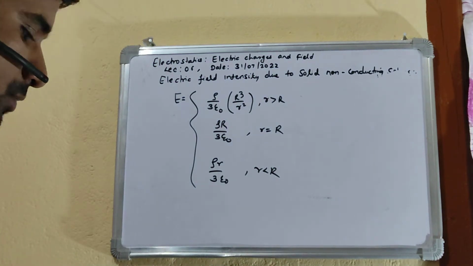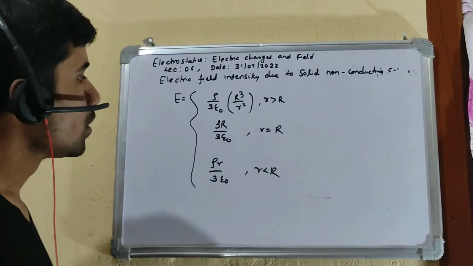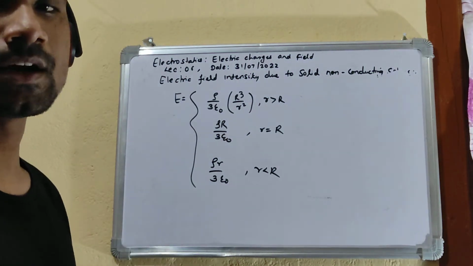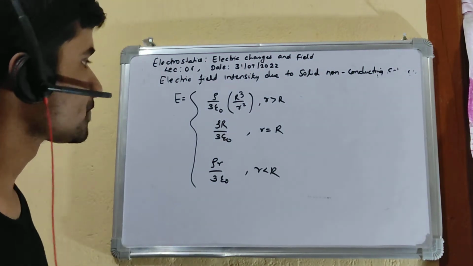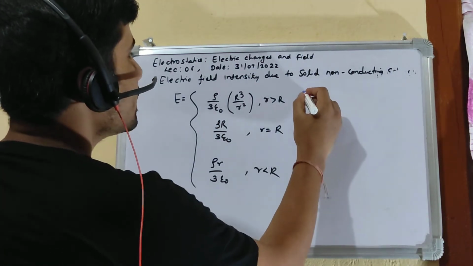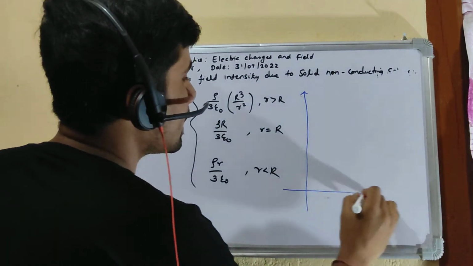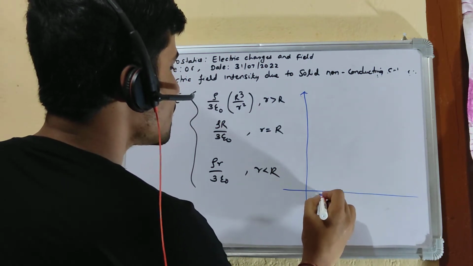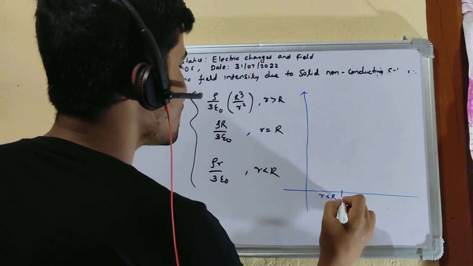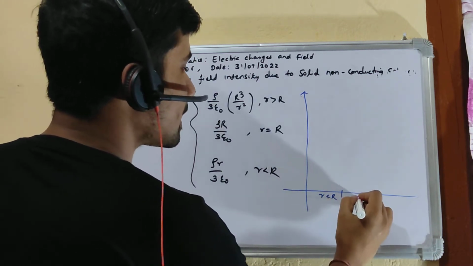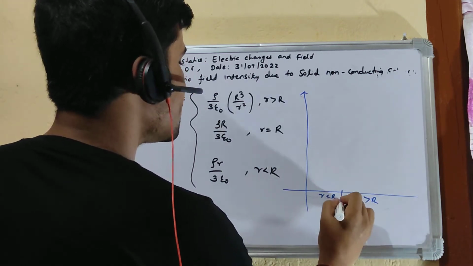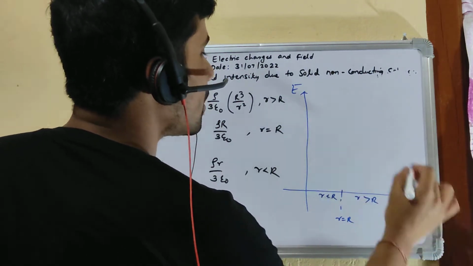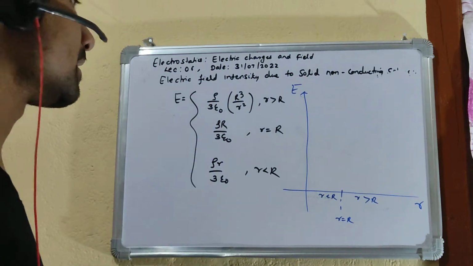Okay. So now if I plot it graphically, how does it look? Let's say this is the graph and I have three cases. Left of this point is r less than R, right of this point is r greater than R, and this is r equal to R, and I'm plotting it between electric field intensity E and small r, which is the distance from the center, right?